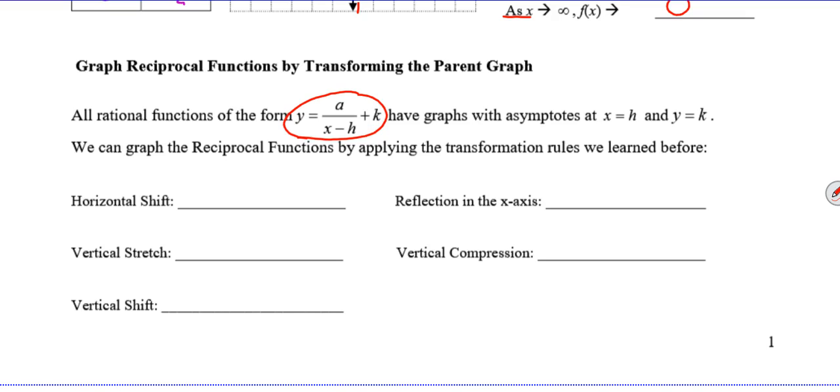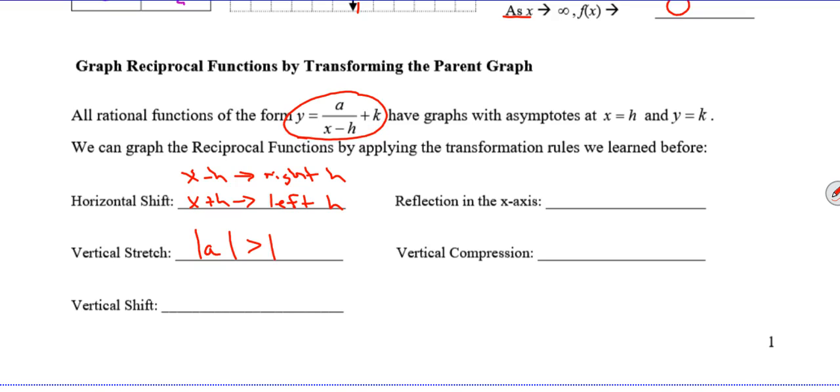Horizontal shifts: that's going to be x minus h, we'll shift it to the right h units. If it's x plus h, well, that'll be going left h units. If there's a vertical stretch, then the absolute value of a will be greater than 1.